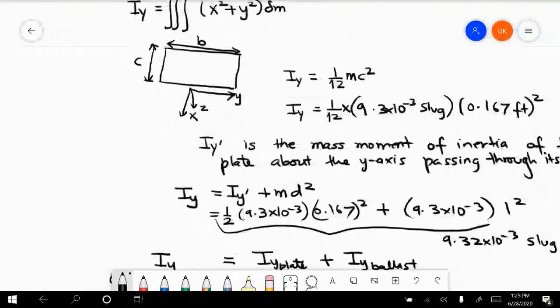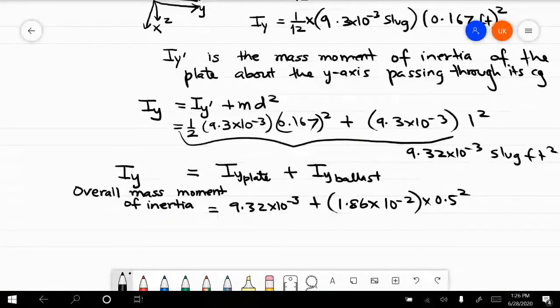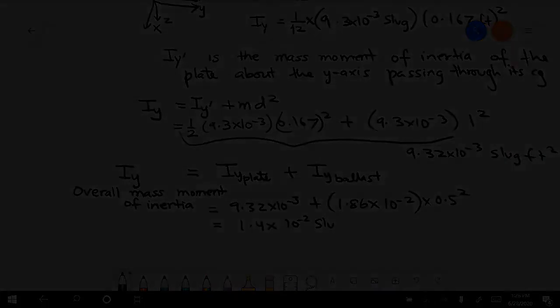So Iy for the ballast is going to be 1.86 times 10 to the power negative 2 slugs, which is the mass of the ballast, times the square of the distance between the ballast and the overall center of gravity. So this will give us Iy equals 1.4 times 10 to the power negative 2 slug feet square.